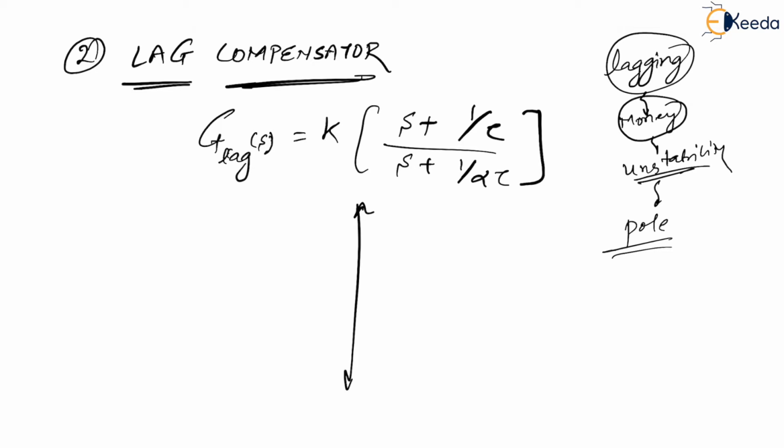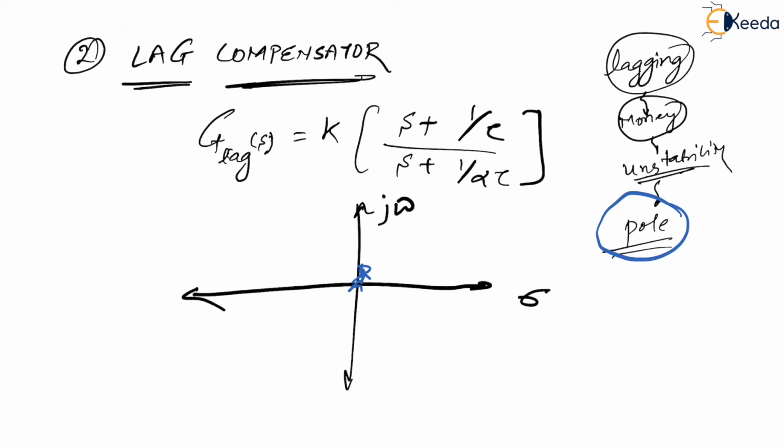Let me draw the S plane, sigma and j omega. If I try to show the zeros and poles, standing on the origin, what should I see first? I should see the pole, because lagging means instability, which means the first thing I see is the pole.